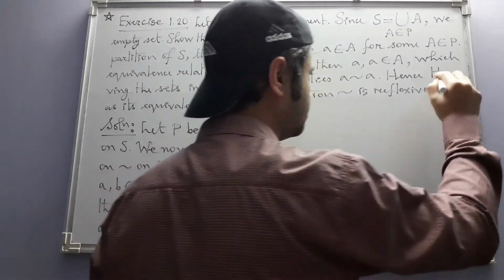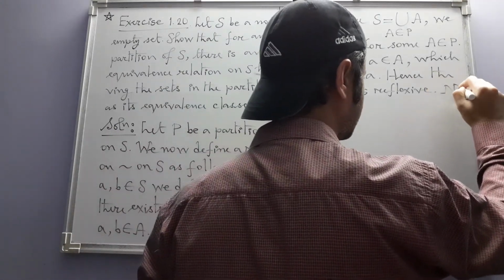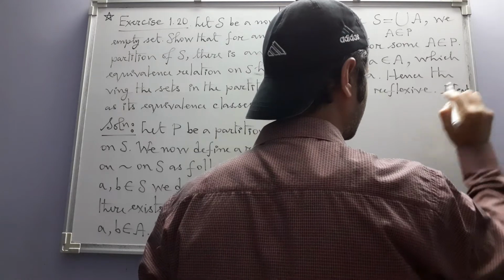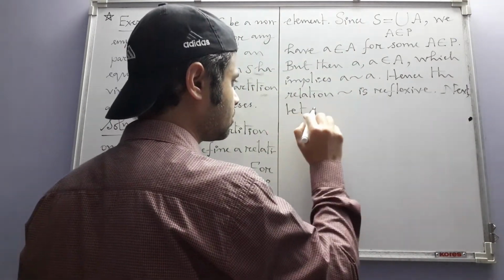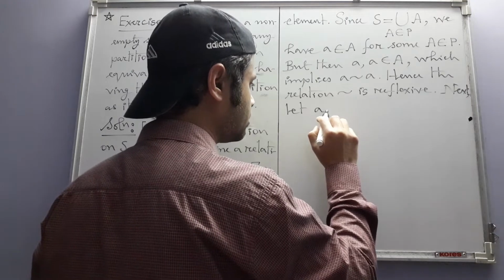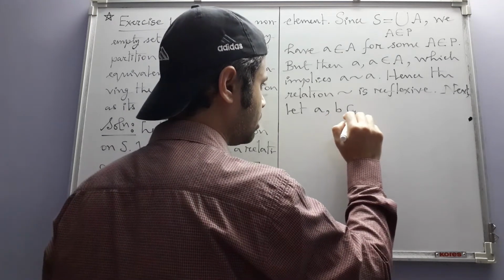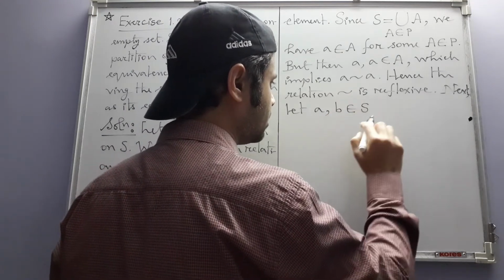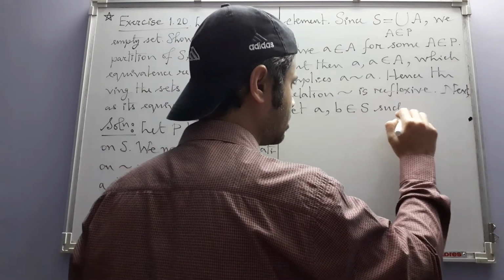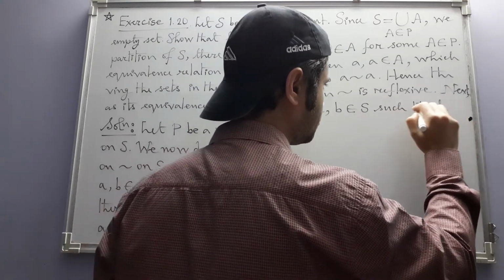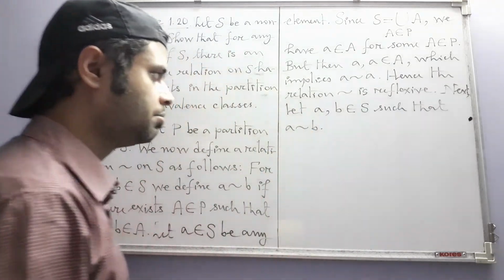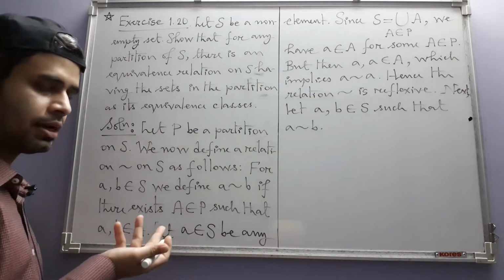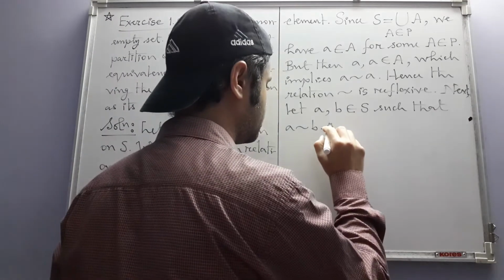Next, symmetry. Next, let a and b be two elements in S such that a is related to b. Then we apply the definition of our relation.